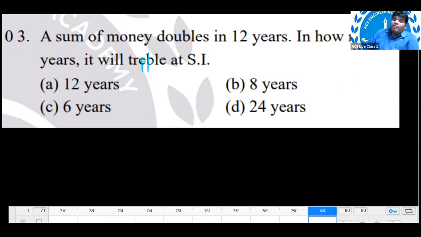A sum of money becomes double in 12 years. In how many years will it triple itself at simple interest? Okay, leave it, all of you. I will explain this logic.